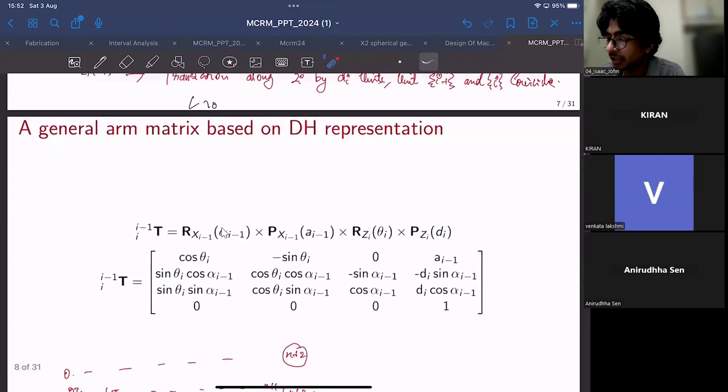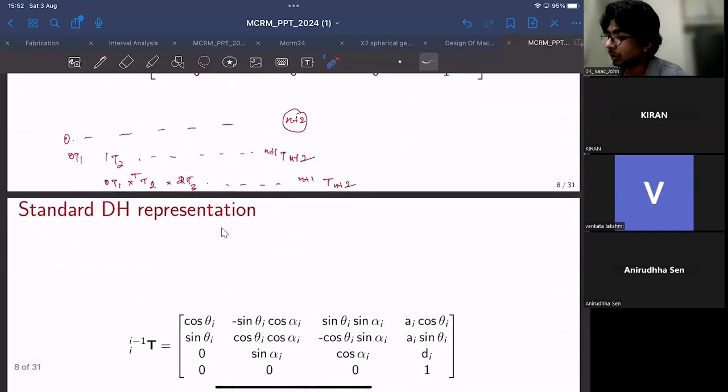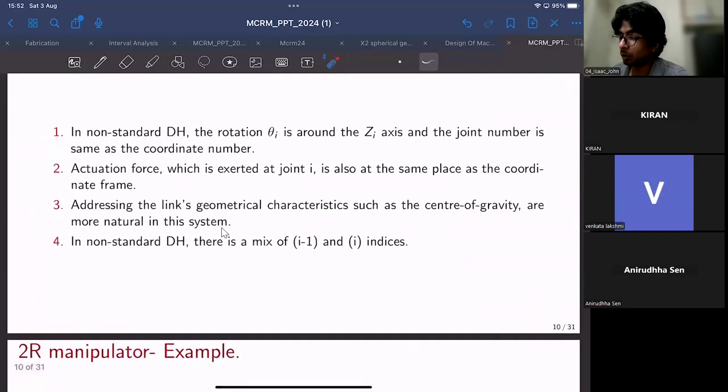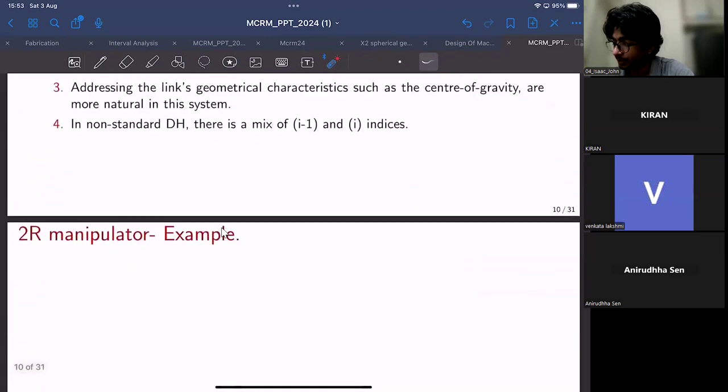But in the non-standard case, which we are following in this course, there is a mix of indices i-1 and i throughout the homogeneous matrix. That is the only drawback, if you really want to call it a drawback, between standard and non-standard DH representations. But once you get used to this mix of indices, the advantages of the non-standard more or less outweigh the advantages of the standard formulation.